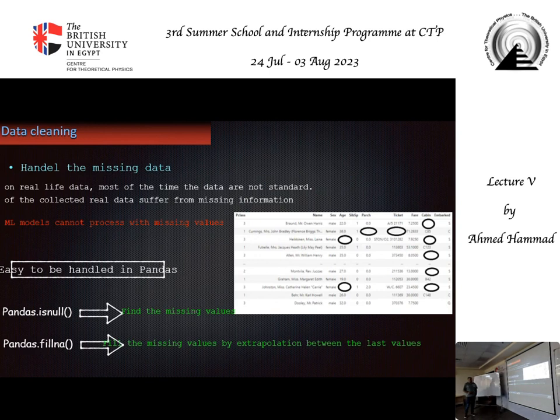This is the kind of data that you might deal with. And as you can see, the data collector missed some of the information. For example, if you are working on Twitter or Facebook or YouTube, at the end you have to do some rating, right? If you like the ad or something like that, but most of us are a bit lazy to hit the button and do the rating.